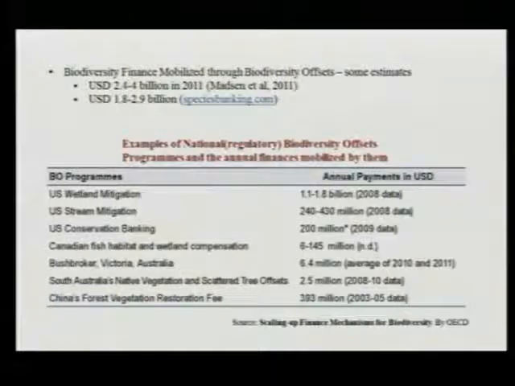Yes, they have. These are some of the estimates. According to speciesbanking.com, up to 3 billion USD has already been mobilized through various compensation programs across the globe, and these are some of the statistics. I've pulled out some of the figures for the main offset programs that are running across the world.